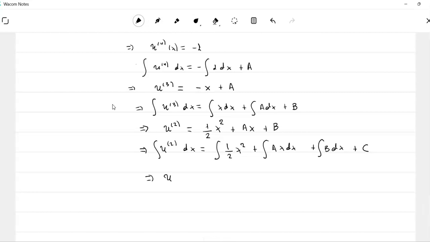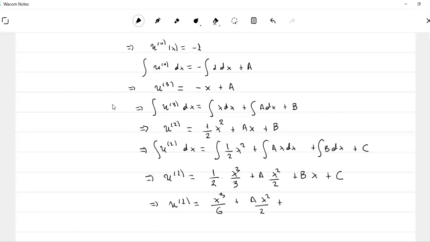So now I have u first derivative is 1 over 2 times x cubed over 3 plus a times x squared over 2 plus b times x plus c. So this is u first derivative: x cubed over 6 plus a x squared over 2 plus b x plus c.